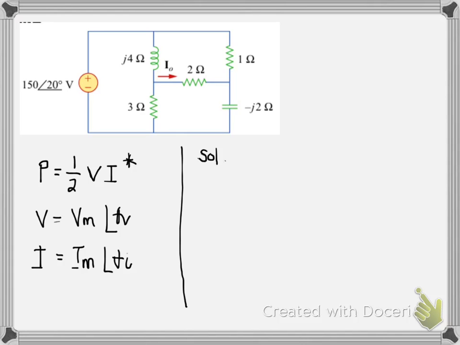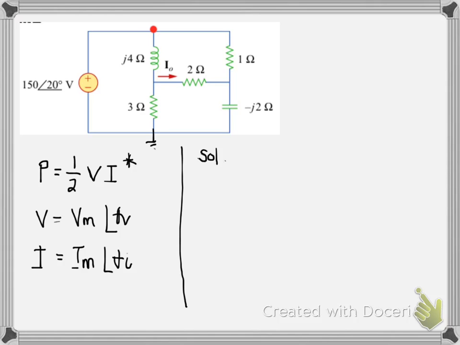You may prefer any methods of analysis, but I prefer the nodal. Taking this as my reference node, in this case we have a supernode at the top, this one.